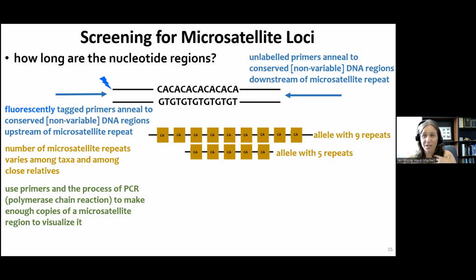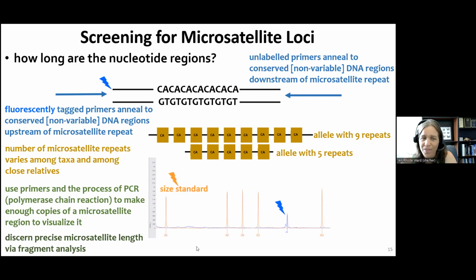And then once I've done all that in my lab for multiple plants, I send the fluorescently tagged microsatellites to North Carolina State University Genomics Laboratory, and I guess I should say, I mix it first with a size standard. I mail it to them, and they run it through this cool vertical gel with a laser at the bottom.